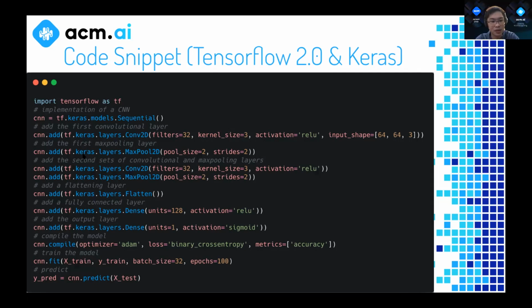After adding our convolutional layer, we add our first max pooling layer with a pool size of 2 and a stride of 2, which is what we're used to.